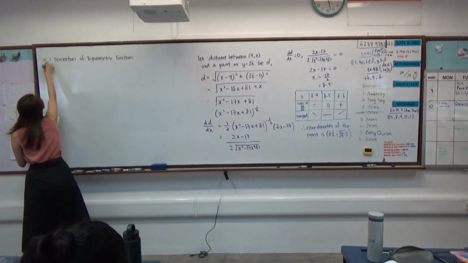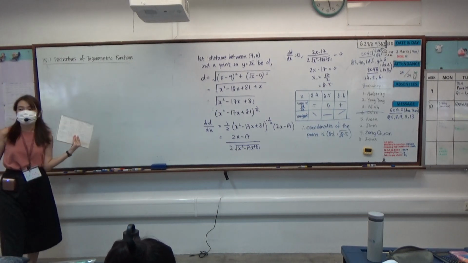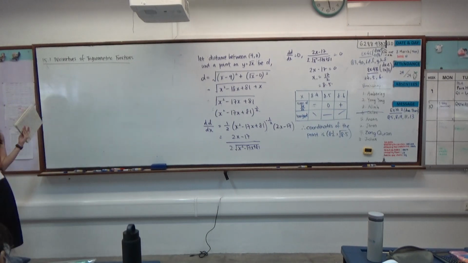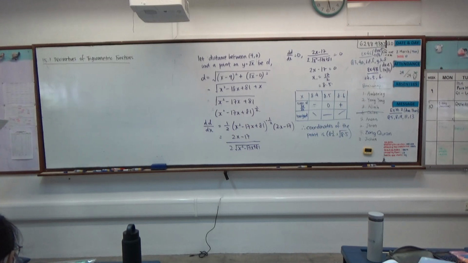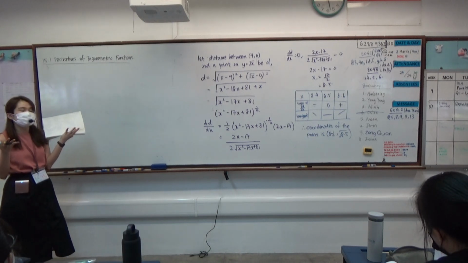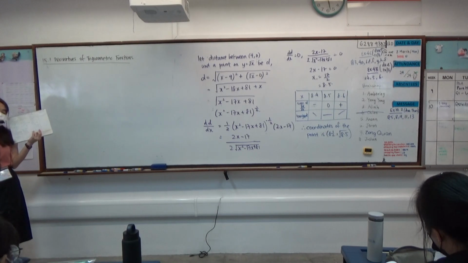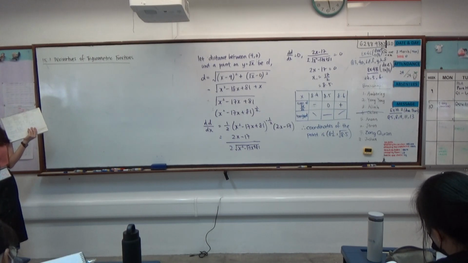We will first be looking at differentiating trigo functions. When it comes to differentiating trigo functions, we fall back on our understanding of differentiation, or rather the first derivative. The first derivative tells us the gradient of the tangent of the curve.